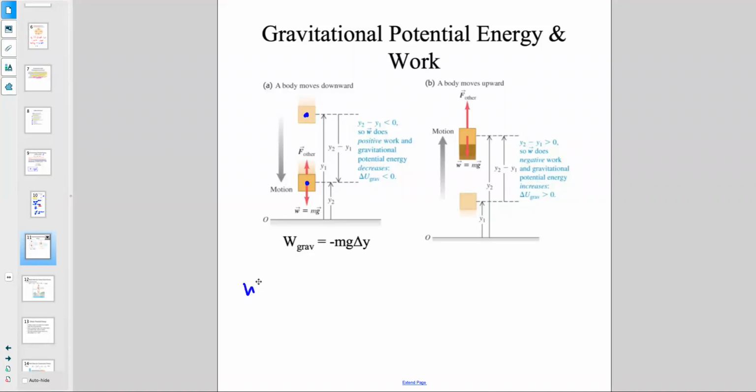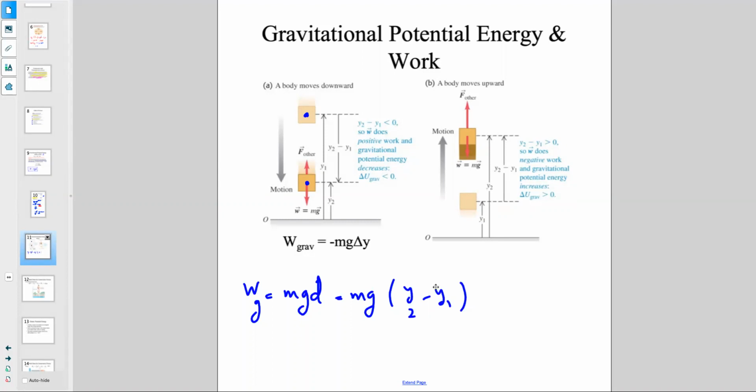Okay, so I have work done by gravity being mg times displacement, right? So I have mg, the displacement is y2 minus y1, okay? But y2 is smaller than y1, okay?